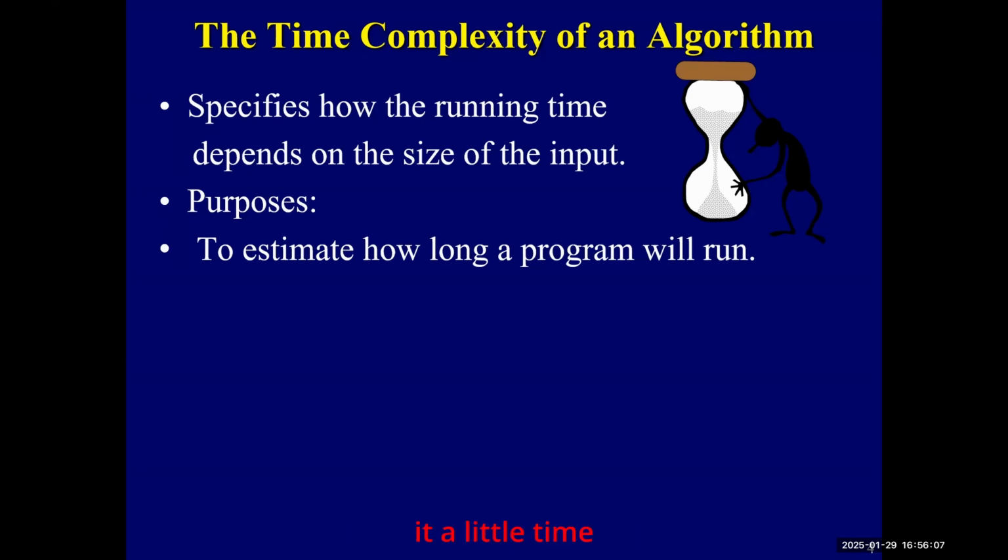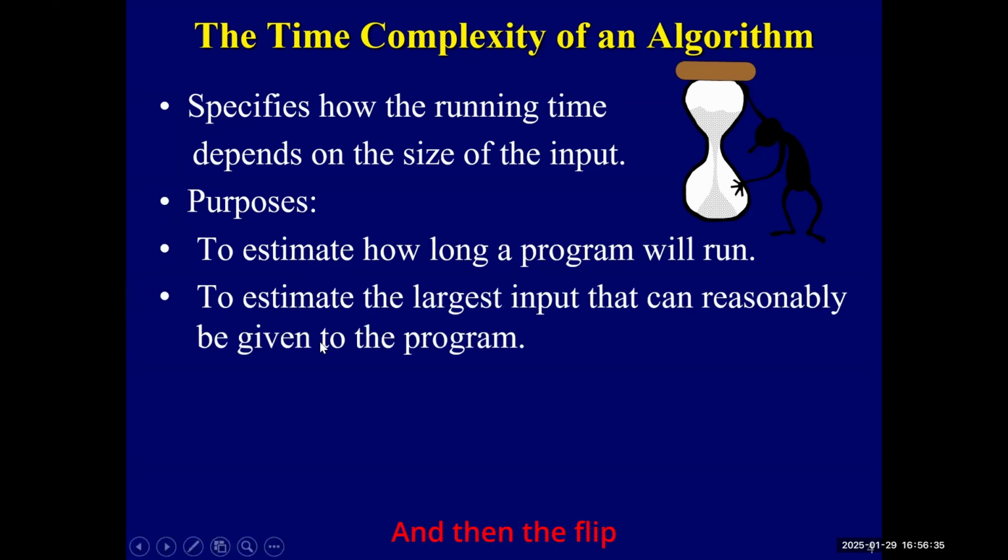So I thought I'd give it a little time, and I went for lunch. By the time I got back, I had crashed the whole department's computer. I said to them, guys, I'm just a little guy here. You should not have your computer such that I can crash it. But this says you should have some sense of how long the program should run before you start running it, right?